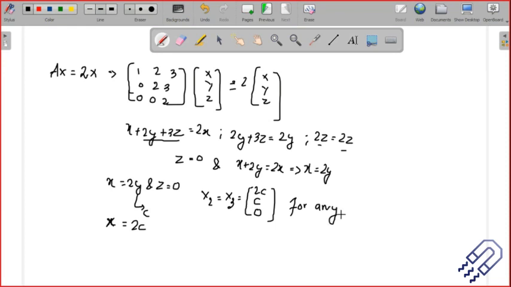In the exam, we just write it for any arbitrary constant c. Therefore, if c is equal to 1, you can simply write the vectors x2 is equal to x3 is equal to 2c, 1c, 0.